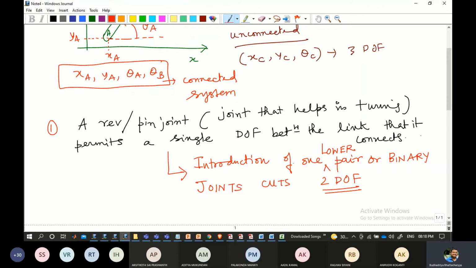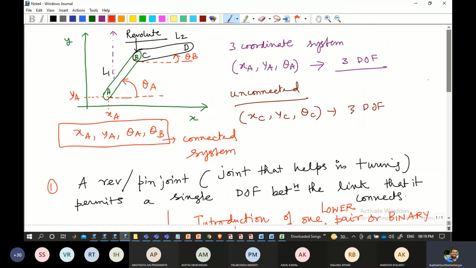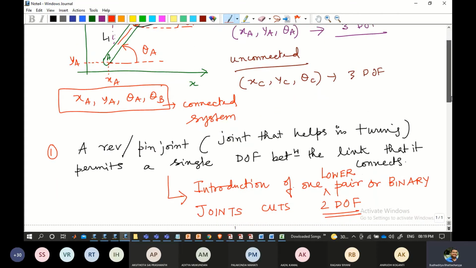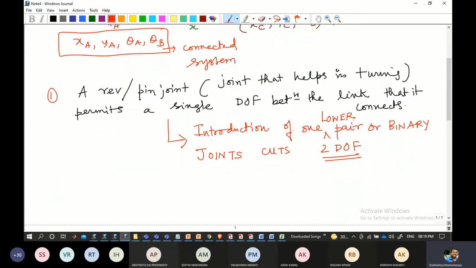Now what is a binary joint? Let's see. We'll go back here. A binary joint is like this. See this particular joint over here. This joint has 2 connections, one here, one here. So this particular revolute joint will be considered a binary joint. So whenever a joint is connecting 2 links, we will consider that a binary joint. In our terms, it is called one lower pair.